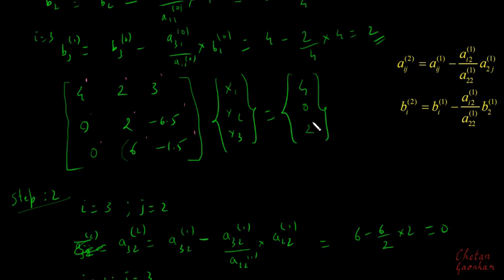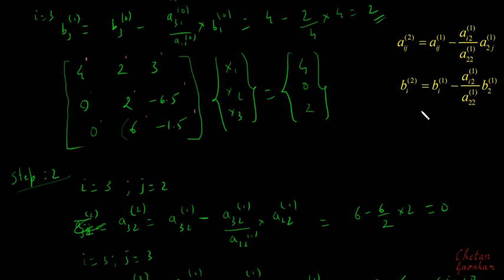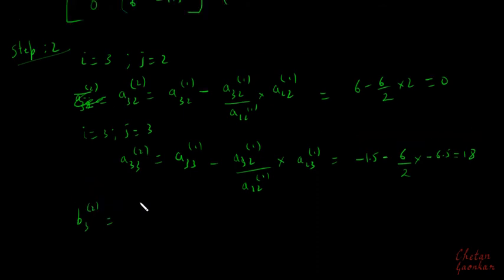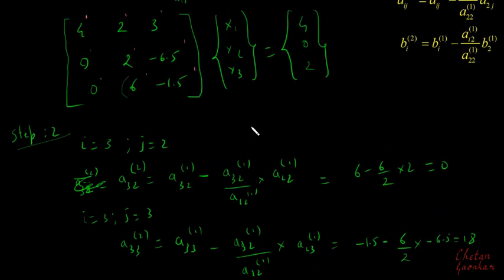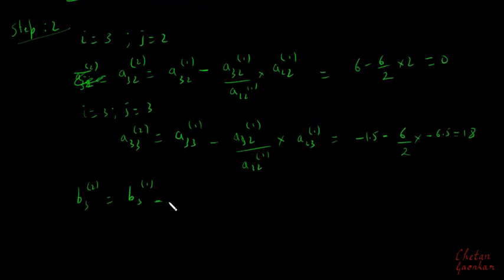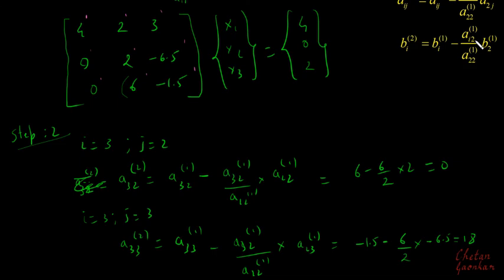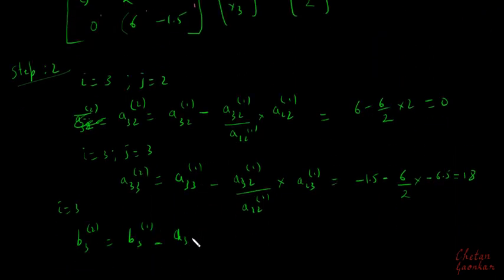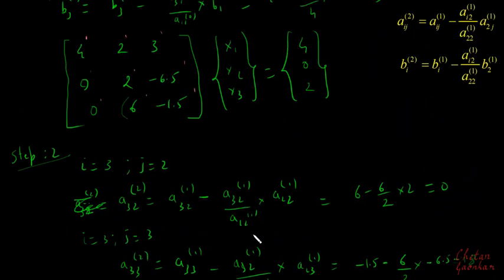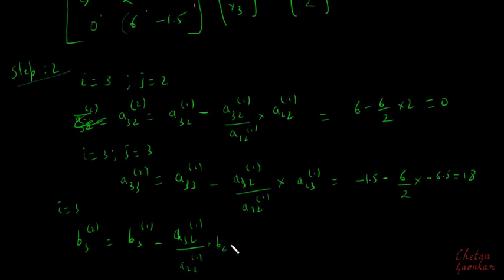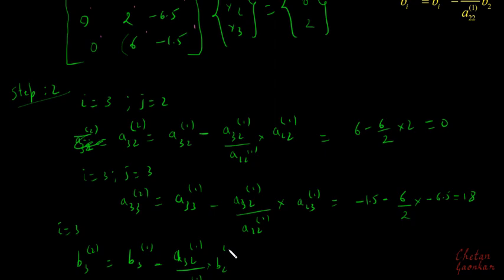Then we need to take care of this element, that is b3 of 2. b3 of 2 will be equal to b3 of 1, the original value, that is 2, minus a32 of 1. So here i is 3, so it will be a32 of 1 divided by a22 of 1 multiplied by b2 of 1.